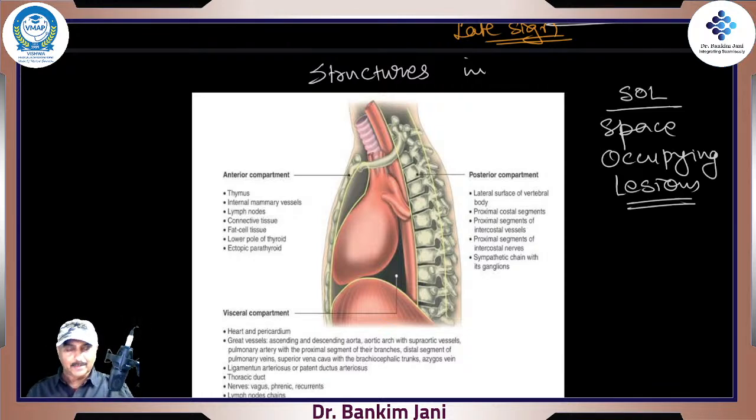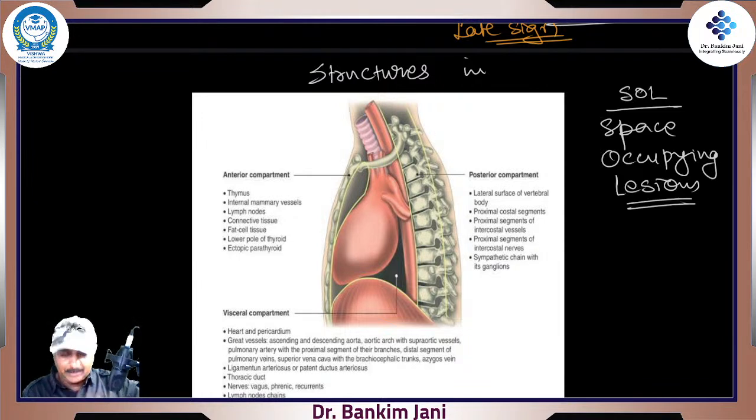So what we see is flail chest, subcutaneous emphysema, pulmonary contusion plus broken ribs. Flail chest is equal to broken ribs only. Subcutaneous emphysema might be present, might not be present.